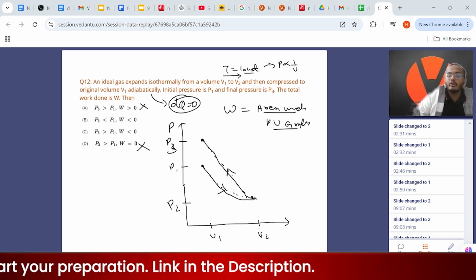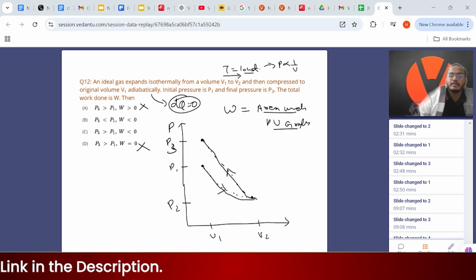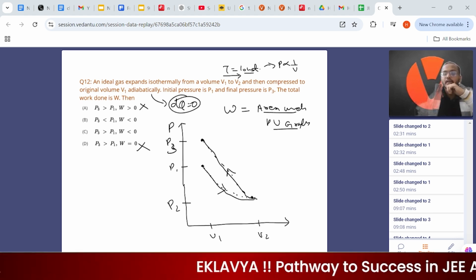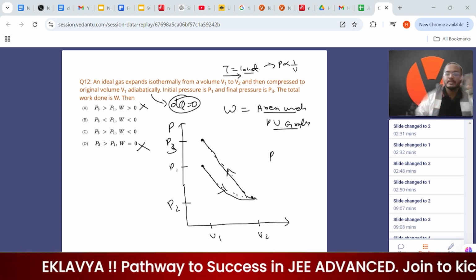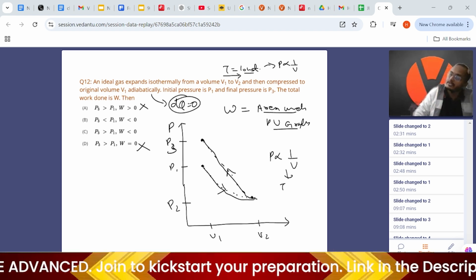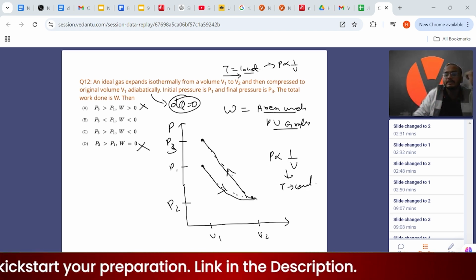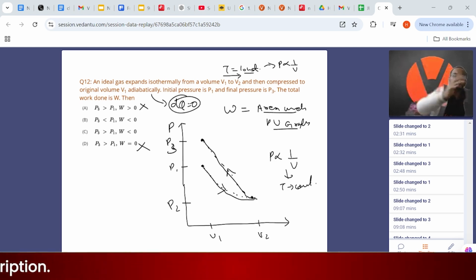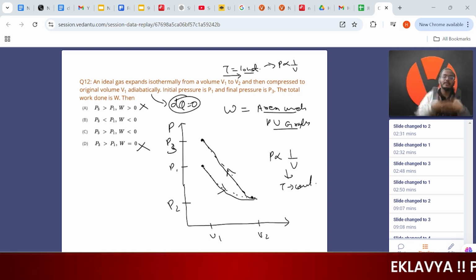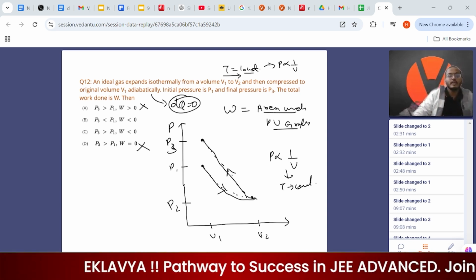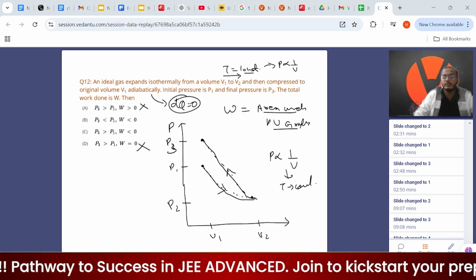Now let us talk about option number B and option number C, whether pressure P3 is greater or pressure P1 is greater. See, initially it was isothermal, so obviously by increasing the volume, pressure will decrease, because P is inversely proportional to V as temperature is constant. Now, if I want to decrease the volume, pressure must increase because the adiabatic process is steeper, and also we know that PV to the power gamma is equal to constant.